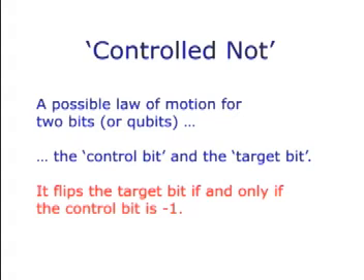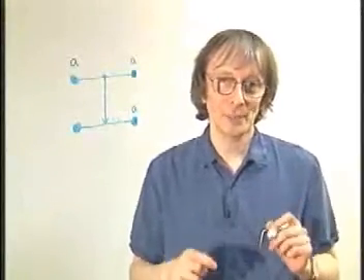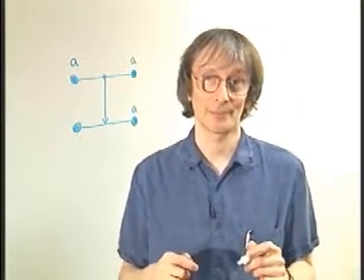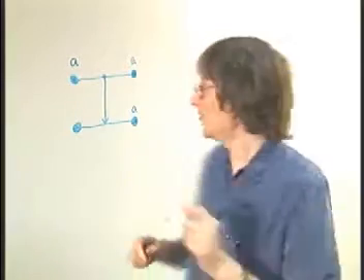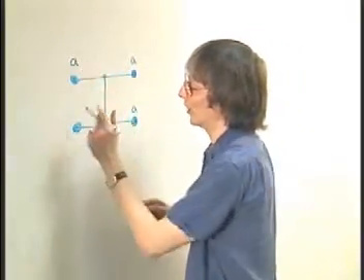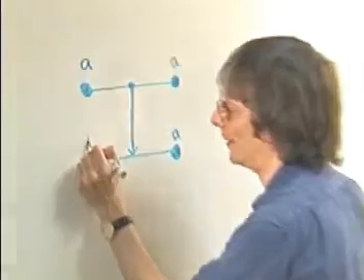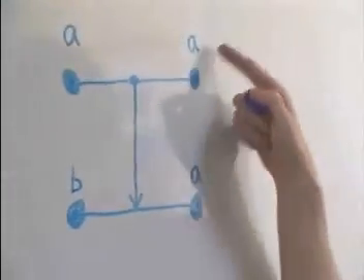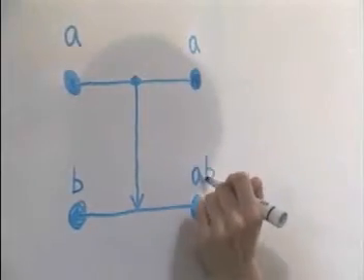If the control bit is +1, the target bit remains unaffected. So we can summarize this controlled NOT operation like this. If the input values of the control and target bits are A and B, then the outputs are A and AB.